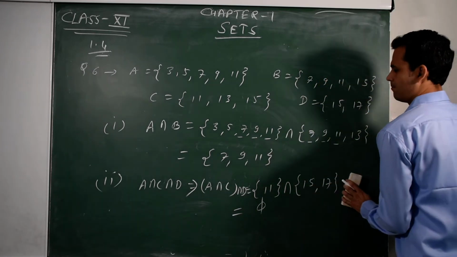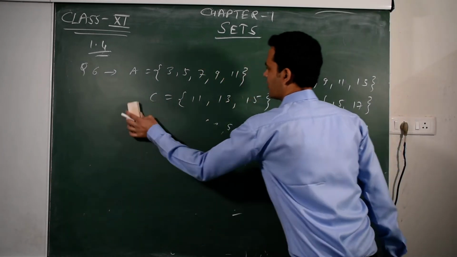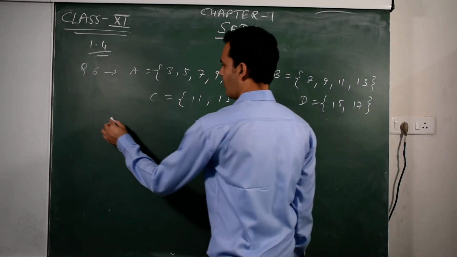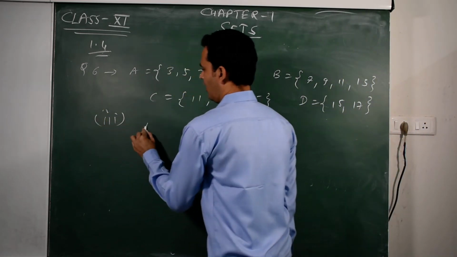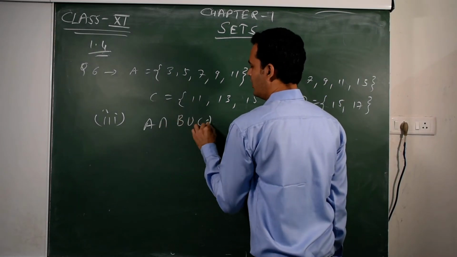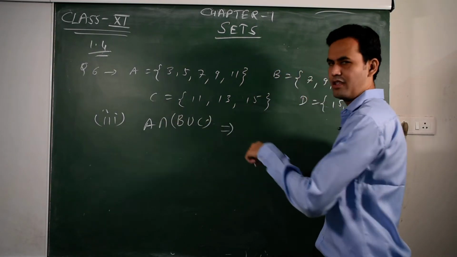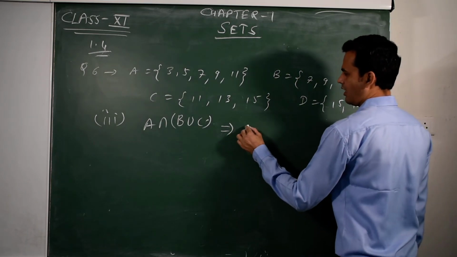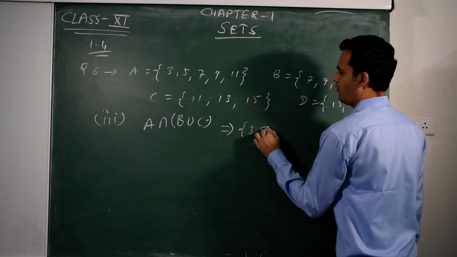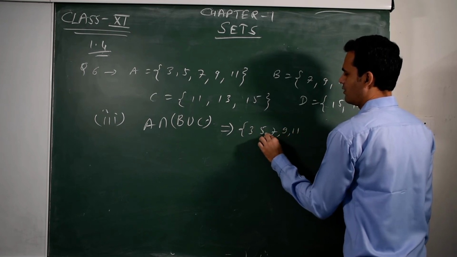Now next, third question of question number 6. Third, A intersection B union C. So first A, it means 3, 5, 7, 9, 11.